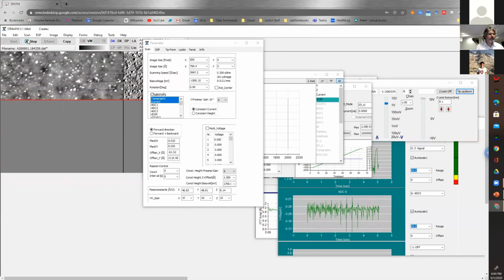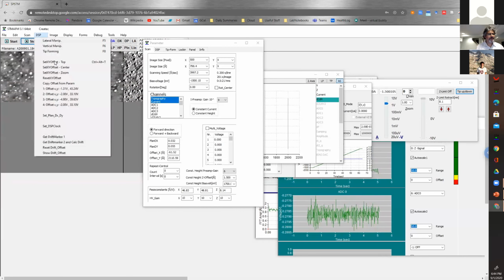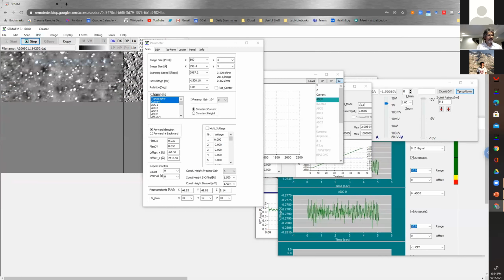So I'm going to... My computer's a little laggy running a remote desktop and Zoom at the same time. It's usually more responsive, but let's zoom in somewhere where there might be something interesting happening. So let's go there.